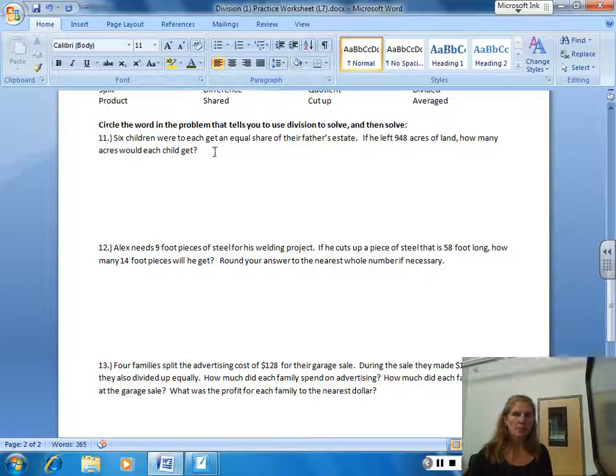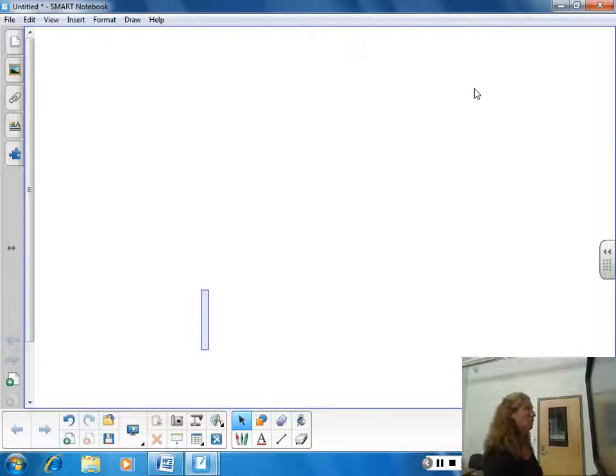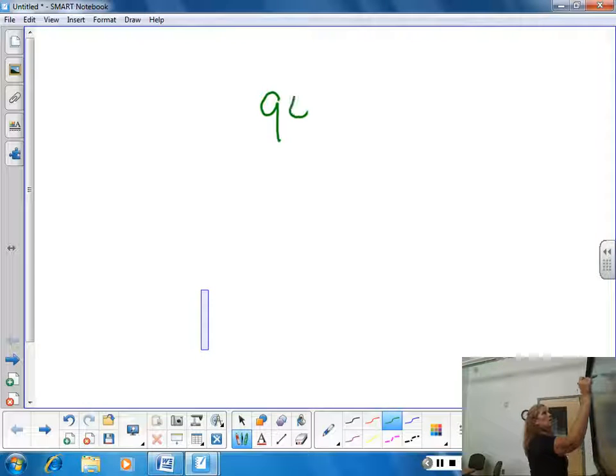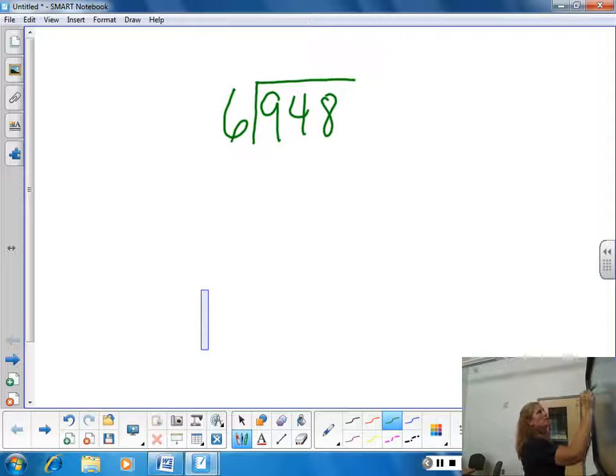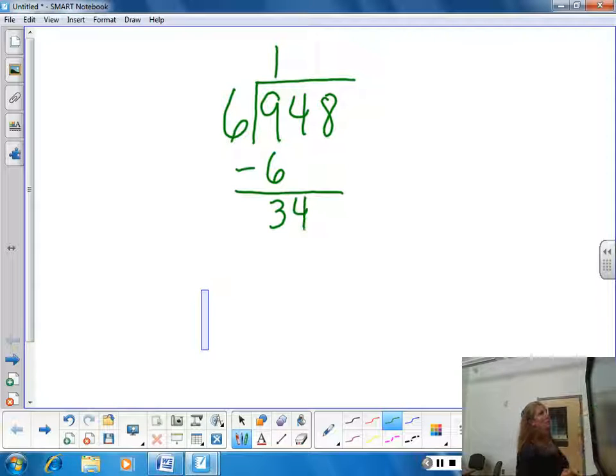So we're going to circle equal share, or share, and then we're going to do the division. 948 acres are being split amongst 6 children. 948 divided amongst 6 people. 6 goes into 9 one time, and subtract, and bring down your 4.